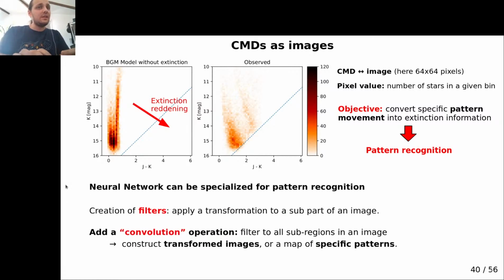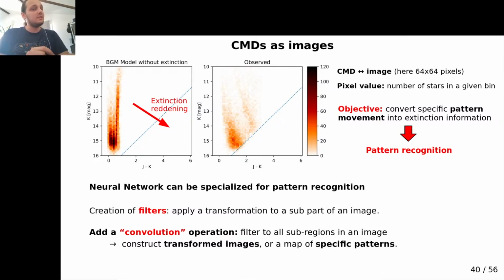In the case of neural networks, they can be specialized for pattern recognition. For this, we have to define what is called a filter, which will apply a transformation to a subpart of an image. Those filters can be combined into a convolution operation that will apply them to all the subregions that can be constructed inside an image.